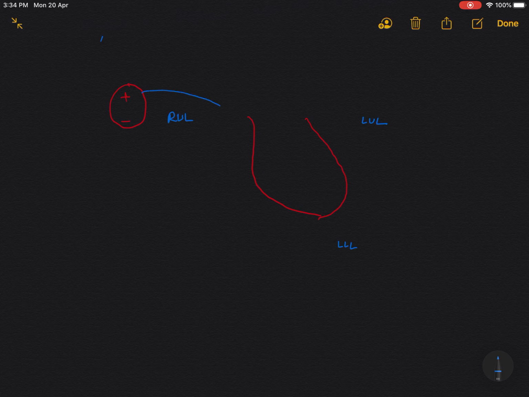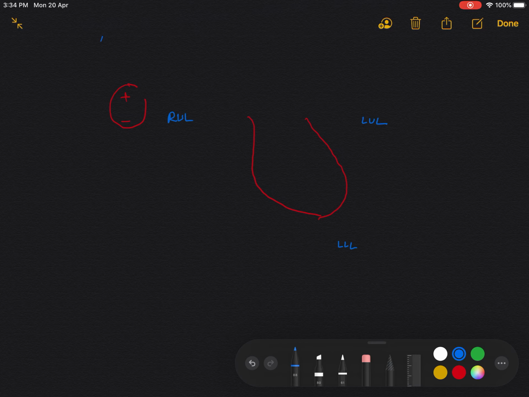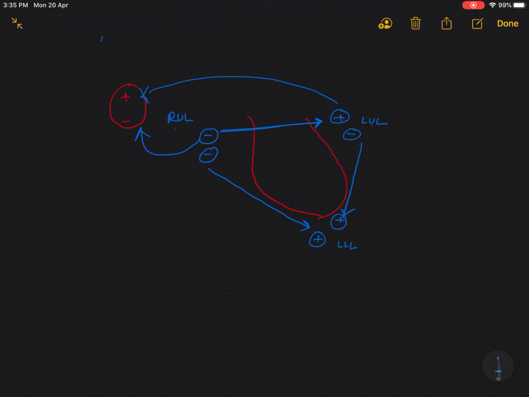The negative point is connected with the positive point, so this vector is directed from negative to positive: right upper limb to left upper limb, then right upper limb to left lower limb, and left upper limb to left lower limb.